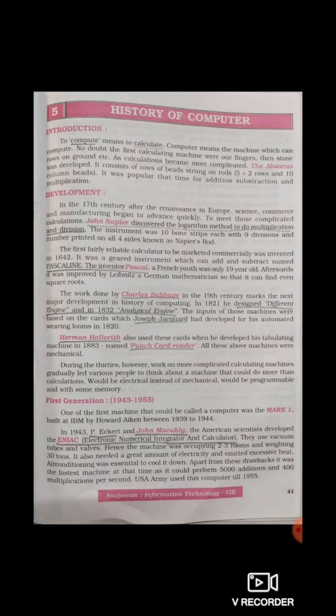And then in 1832, he came up with the analytical engine. From here began the input-output processing unit with the help of Joseph Jacquard, who had developed the automated weaving machine.